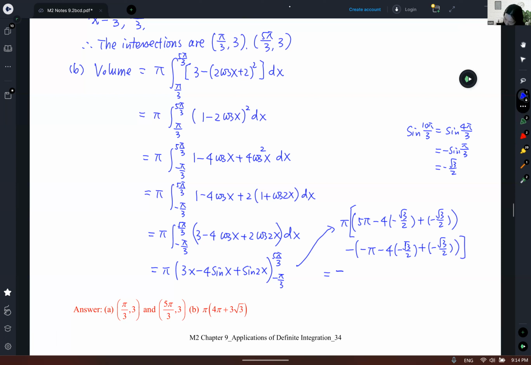That is equal to 5 pi plus 2 root 3 minus root 3 over 2, plus pi minus 2 root 3 plus root 3 over 2.